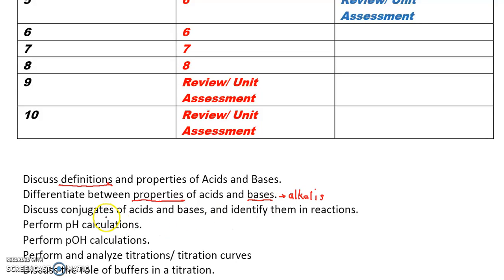Then the important thing is being able to identify the conjugate. So the conjugate of an acid would be the conjugate base, and the conjugate of a base would be the conjugate acid. So they're opposites.